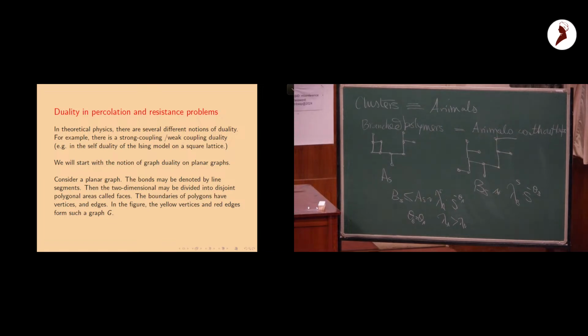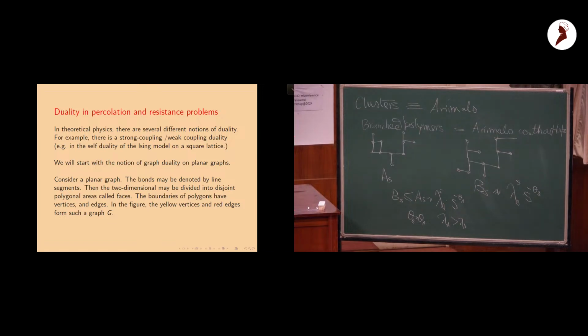So that is called strong coupling, weak coupling duality. But we will actually use a different notion which is called graph duality. And somehow I guess it gets related to the other one, so we will not quibble too much about this detail.